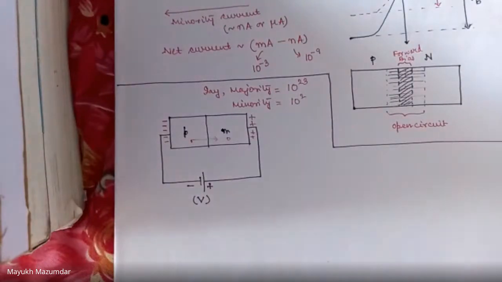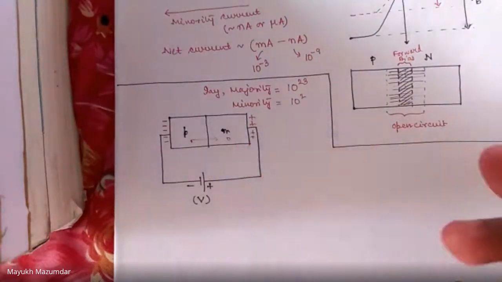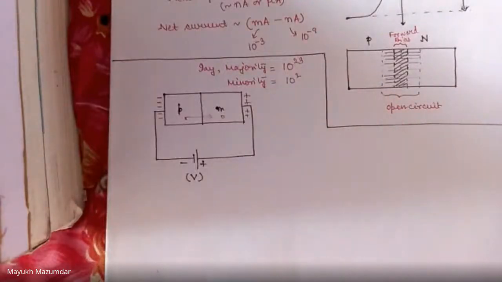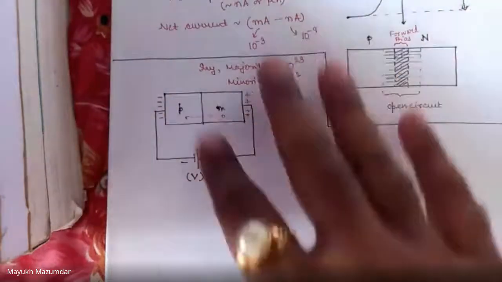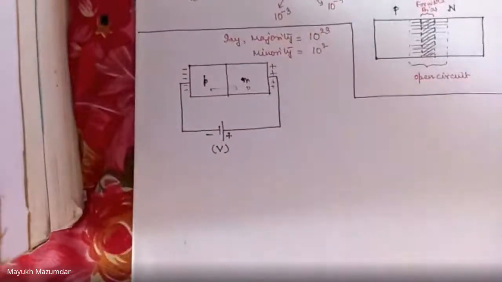Actually, it is not that this potential affects them. The reason is the nature of the potential at the junction. Now what will happen?